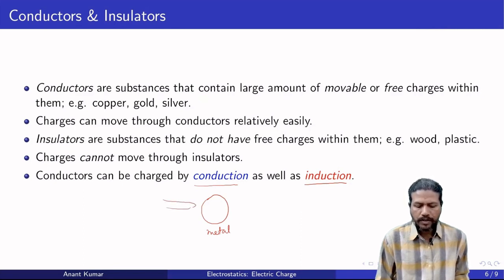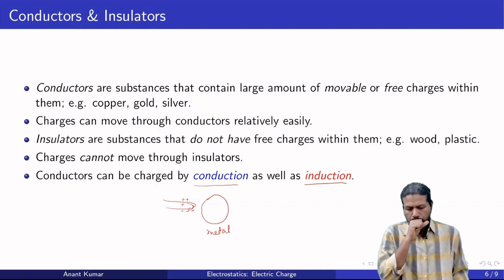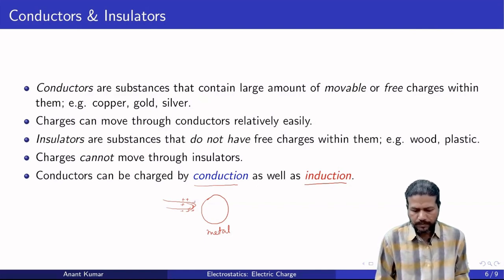For example, there is a glass rod which is rubbed with silk carrying some positive charges. So if I touch it to this metal conductor, then some of the charges will go to the metal. So this is the charging by conduction.